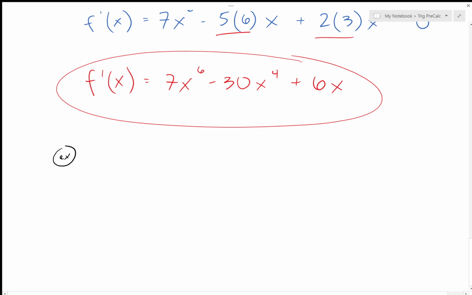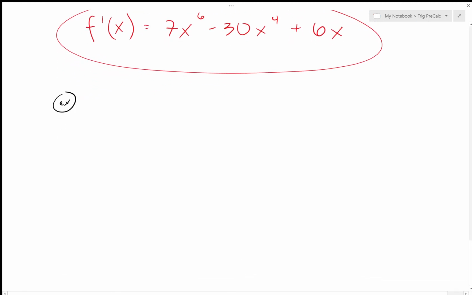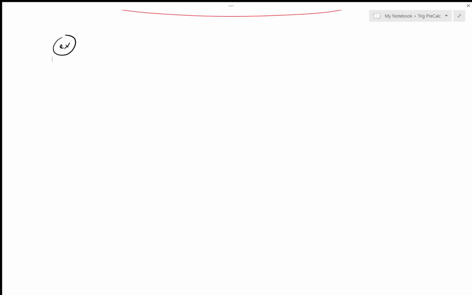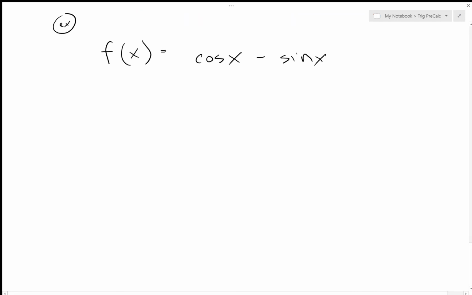Now let's get into the trig functions a little bit. If they give us a function cosine x minus sine x, all right, 2 pieces. I want to find the derivative of this and the derivative of this. So let's take a look back up there.